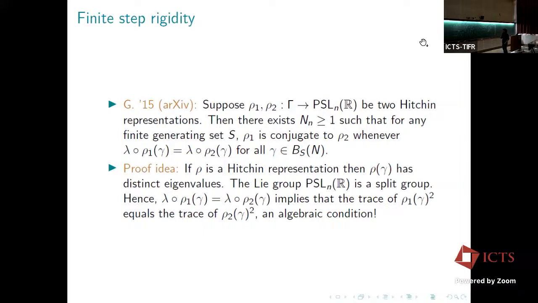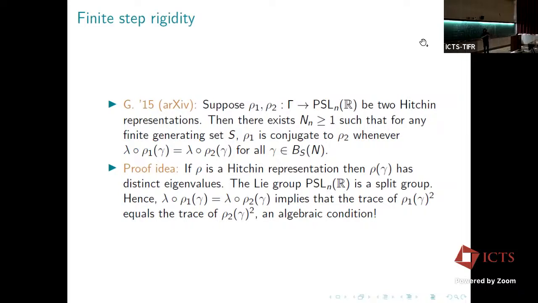Essentially, the thing that we use is that Hitchin representations have distinct eigenvalues. It's a result from Labourie and Guichard, exactly the result that I stated before. And also the fact that PSL(n,R) is a split group. Because of that, you don't have bad complex numbers, since we are checking only the modulus of the eigenvalue.